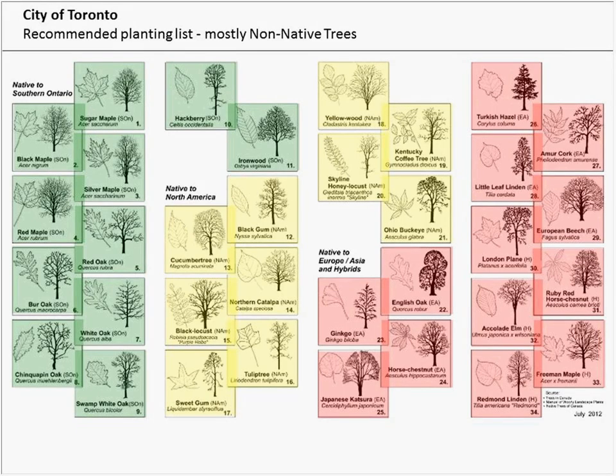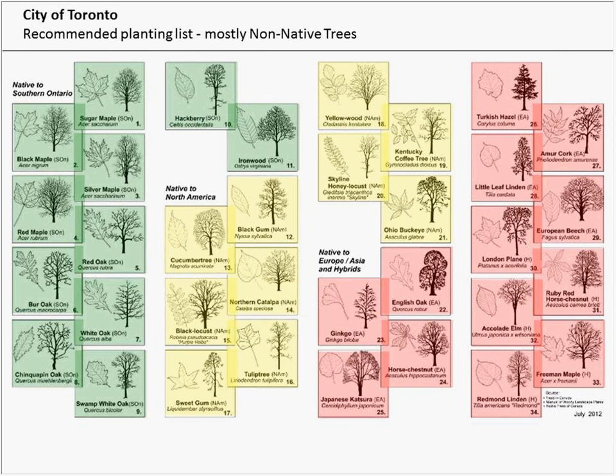This is the problem. Despite the fact that we know about this, and we really have for decades, municipalities like the City of Toronto are a good example of how they still recommend planting mostly non-native trees. You'll see on the right here, the ones in red are all from other continents. And they're hybrids. These things are known to be poor for biodiversity.